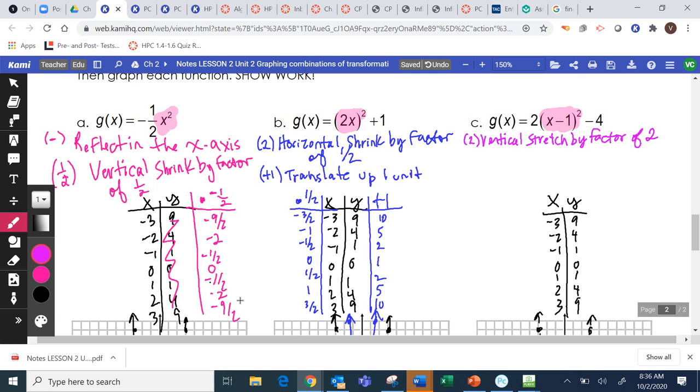Hollins, I want you to pick either the -1 or the -4 and tell me about it. -4 is going to be a translation down. So translate down 4 units.